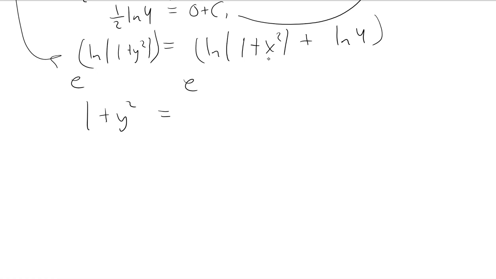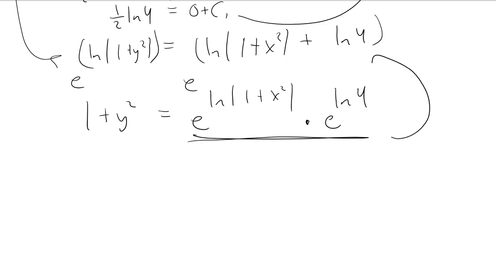Over here, I need to split these up first. Remember, multiplying things with the same base is like adding the exponents. It's just that we're now trying to go this direction, split them apart. And so now e to the log base e of this stuff should just come out to be that stuff.